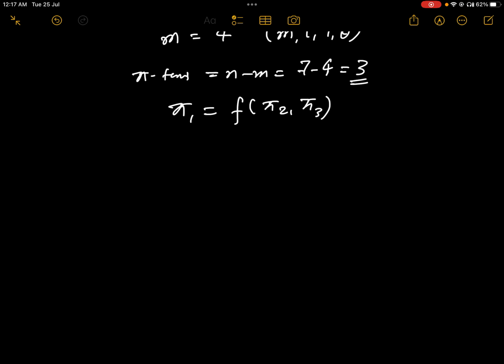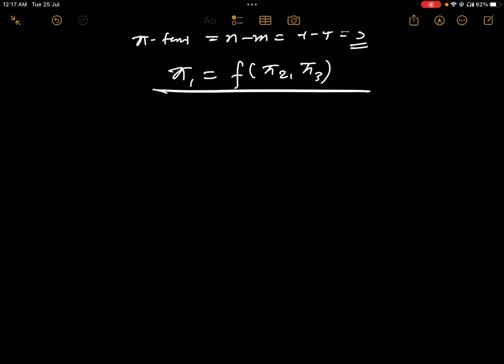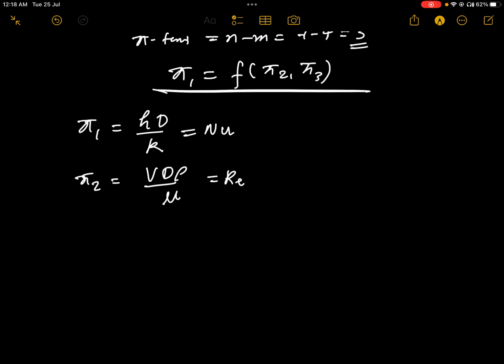By applying this rule and finding out the different dimensions, we get the pi 1 term as hD upon k, that is called the Nusselt number. The pi 2 term is vD rho by mu, that is called the Reynolds number.